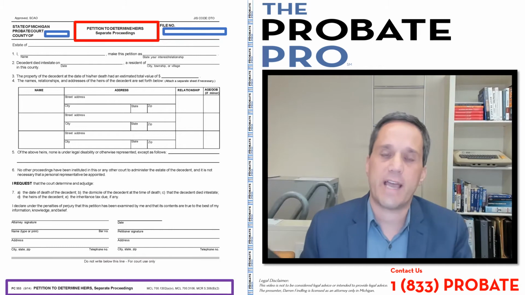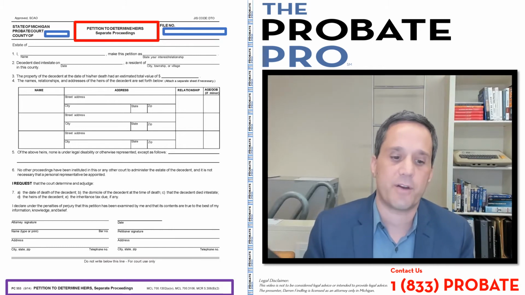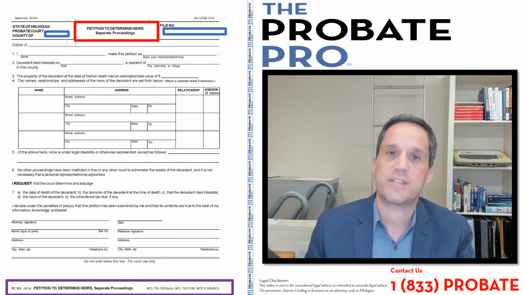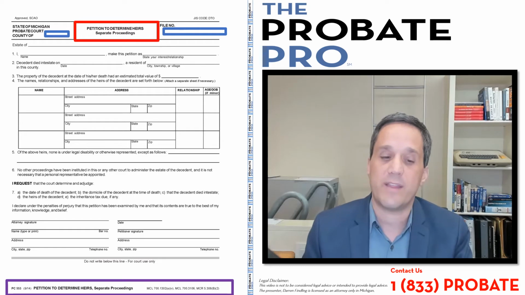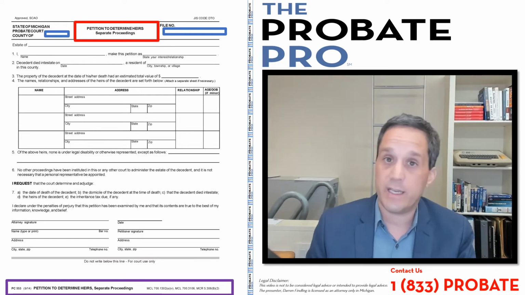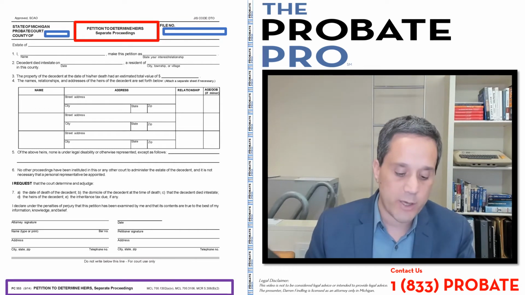Now that first statute that we referenced here, MCL 700.1302(v), is the exclusive subject matter jurisdiction statute that says that the probate court has exclusive jurisdiction, and I'm going to read it directly, to determine a question that arises in the administration or distribution of a trust, including a question of construction of a will or trust.